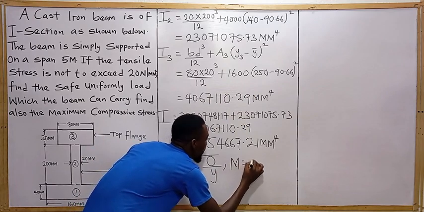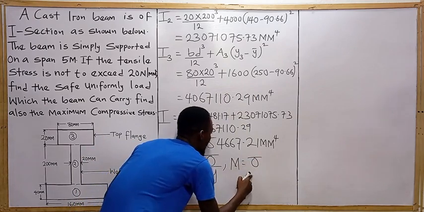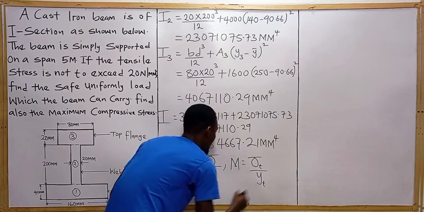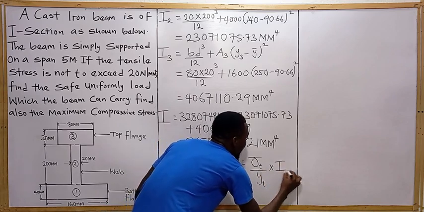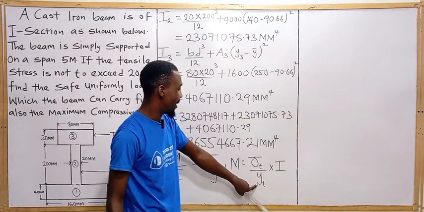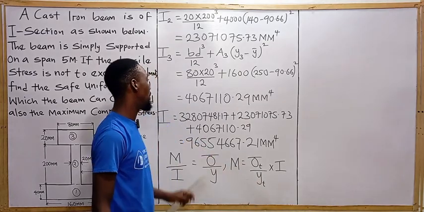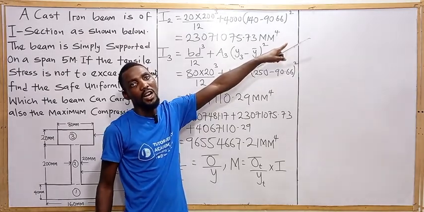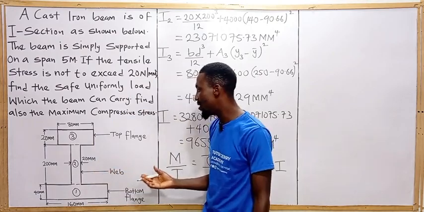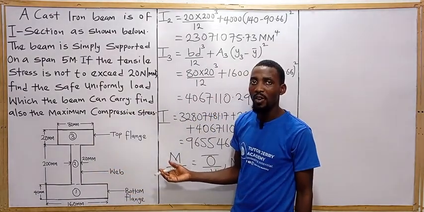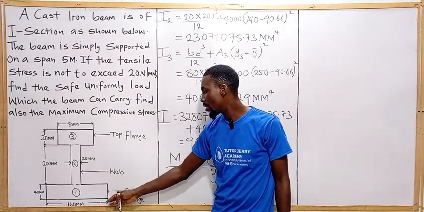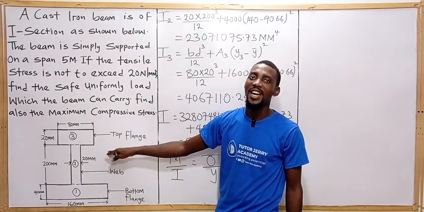Our M will be equals to our tensile stress, our Y tensile, multiplied by I. The Y that is tensile here will be equals to the value of our Y bar, because our Y bar is the distance of the center of gravity from the bottom face to the neutral axis.